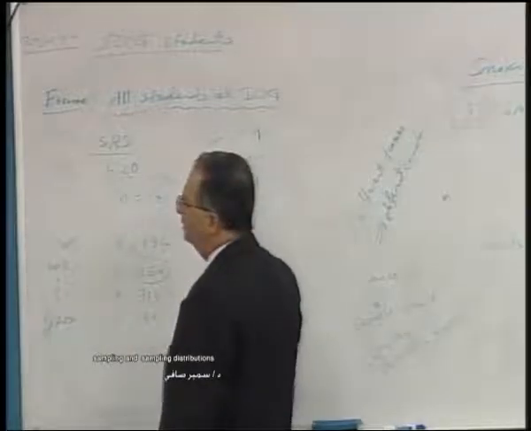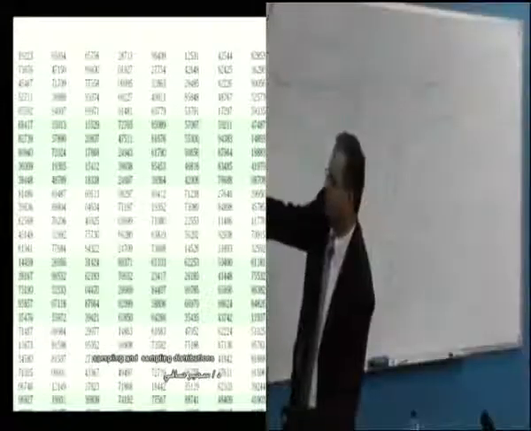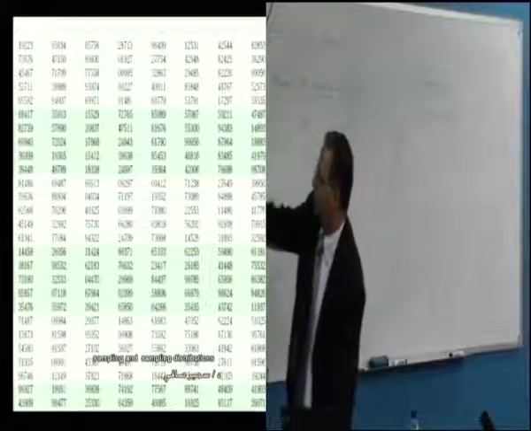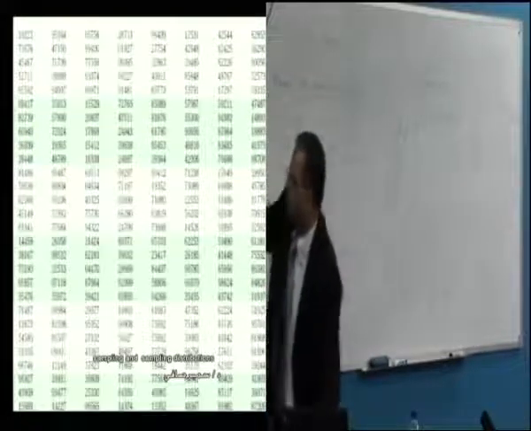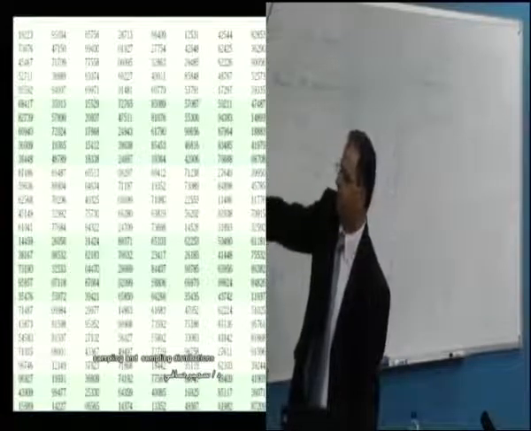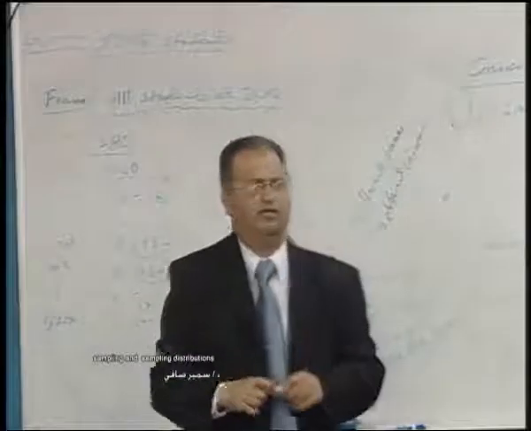The second number, 12,149, and so on. Next will be 18,000, and so on. Next row, we can select the second one. Then 16, then 14,000, 6,500, and so on. So this is how we can use the random table.